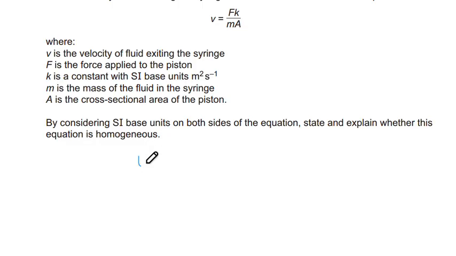So for the left hand side, it is meter second minus 1. For the right hand side, it is force in Newton. In SI units, it is kilogram meter second minus 2. K is in kilogram for mass, and for area, meter to power 2.